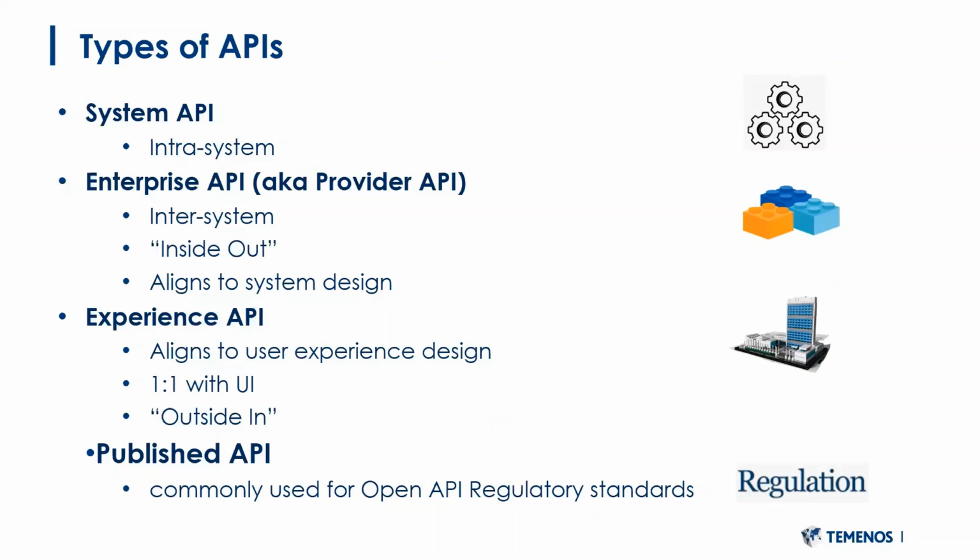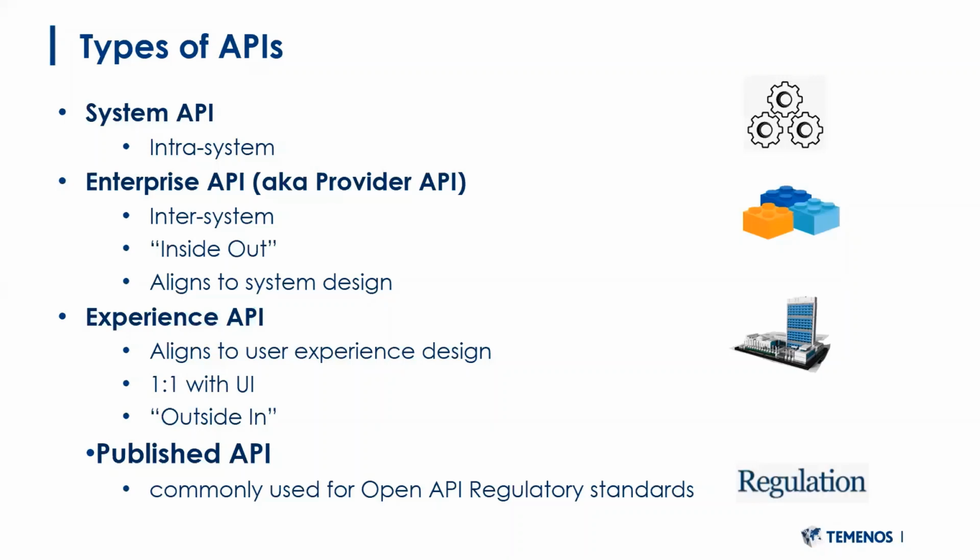So for instance, if a bank has developed their own channels, then it is very highly likely that they have their own set of experience APIs, and then all they want to do is just map them to Temenos enterprise APIs. So they have to just look at the catalog of enterprise APIs and then try to map them.